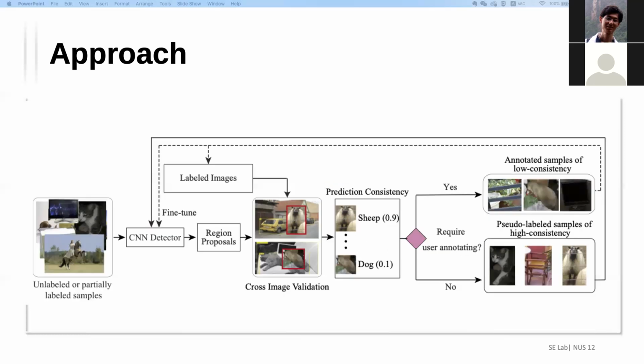Because it's already been very confident, we trust the model, so we do not need to label them. Yeah, but why bother to feed those samples into the model to retrain the model?